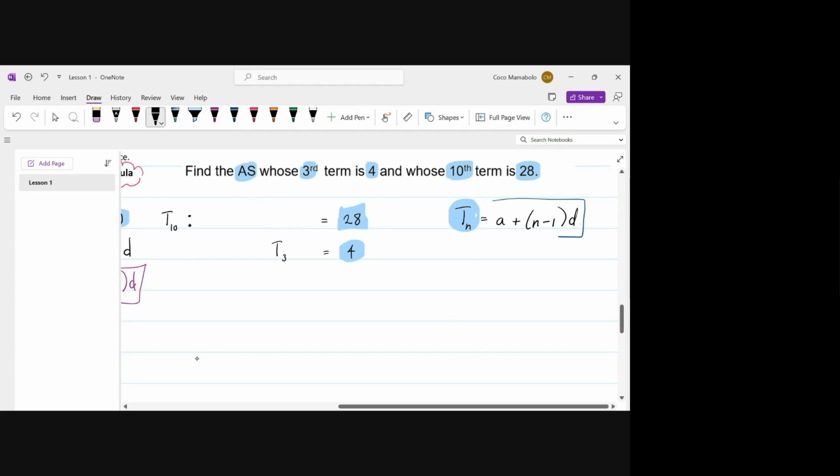Might be a little complicated. I'm just going to replace n with 10 on this side. So I'll say A plus, open brackets, now because it's T10, I'm going to replace n with 10, so 10 minus 1, close bracket, D. Then I'm going to do the same thing with T3. Can anybody tell me what goes here?